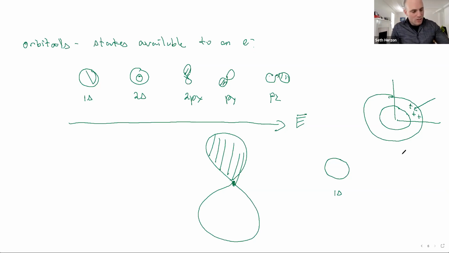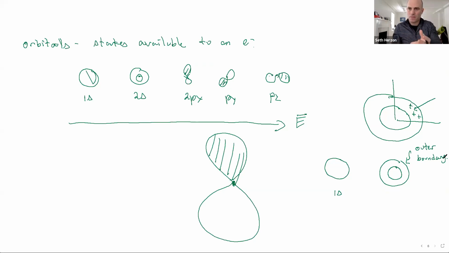So if I draw the 2s orbital, and this is the outer boundary of the orbital, that outer boundary is the same as the 1s. Within that boundary, there's a 90% chance of finding the electron.